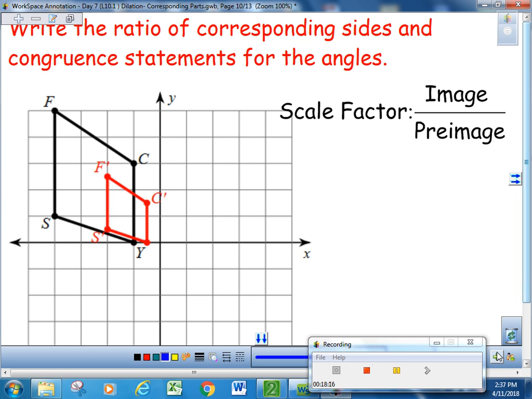Last example. Go ahead and write up your angle statements and your side lengths again, your ratios. And this time we do have two vertical sides that you can write the actual scale factor for.